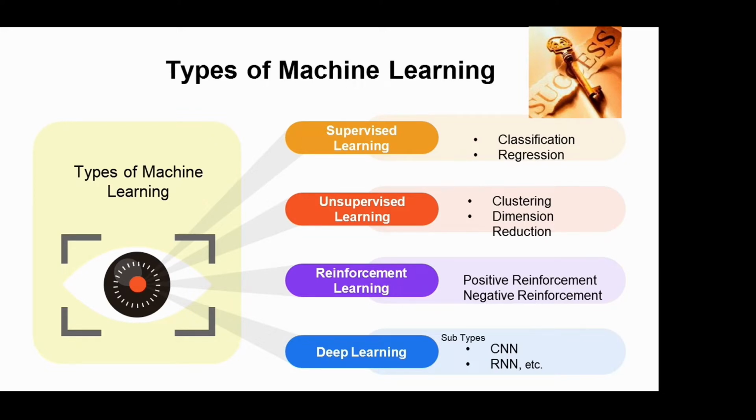Without giving class labels, we are not able to train the machine under supervised learning.